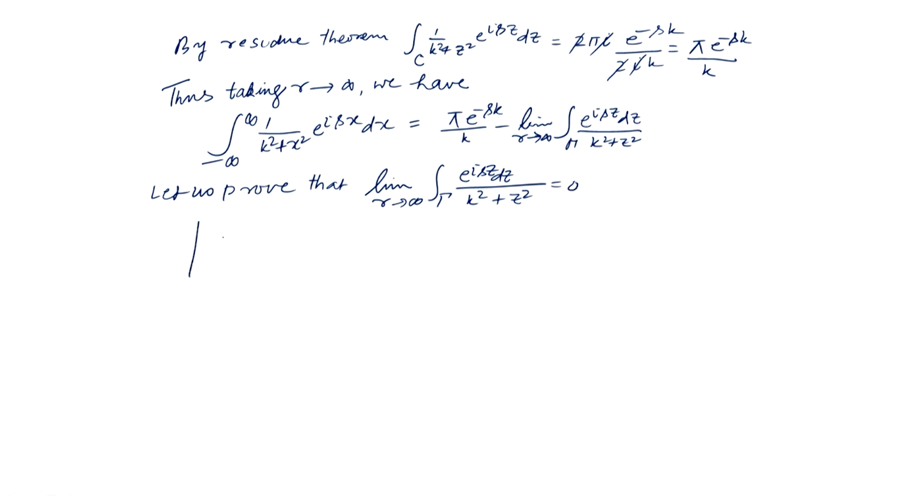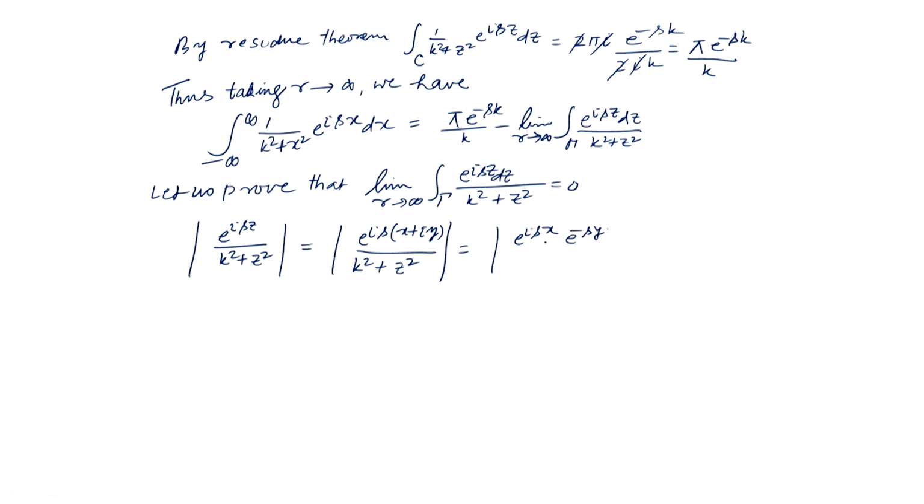So, the modulus of e to the power isz divided by k squared plus z squared, let us first calculate this. This is the modulus of e to the power is(x plus iy) upon k squared plus z squared. So, this is equal to the modulus of e to the power isx into e to the power minus sy, divided by k squared plus z squared.